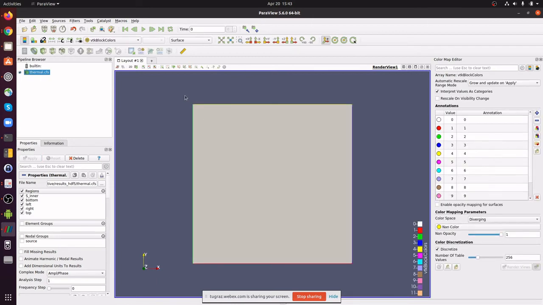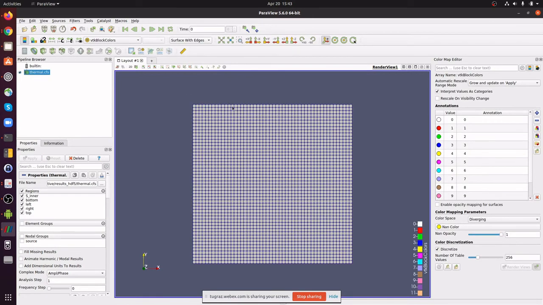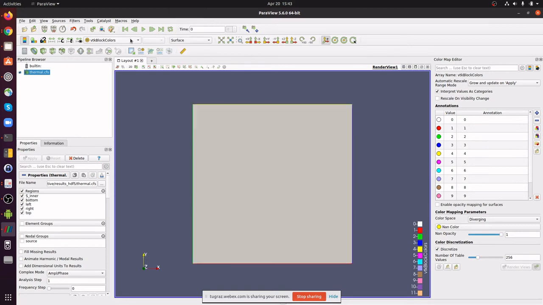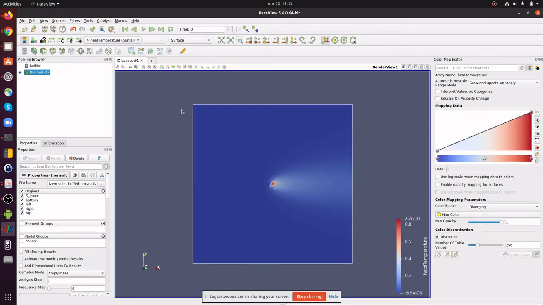We have a simple 2D domain meshed with quadrilaterals, and we prescribe a temperature here on the left. So that's a Dirichlet boundary condition that we're prescribing here, and a Neumann boundary condition on the right side and on the top and bottom sides, or boundaries.